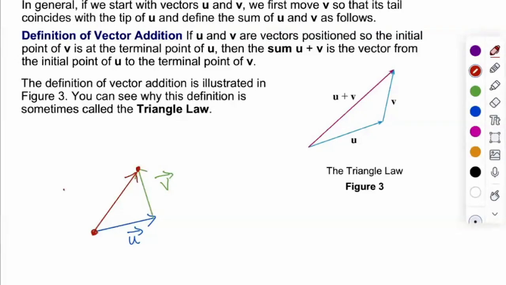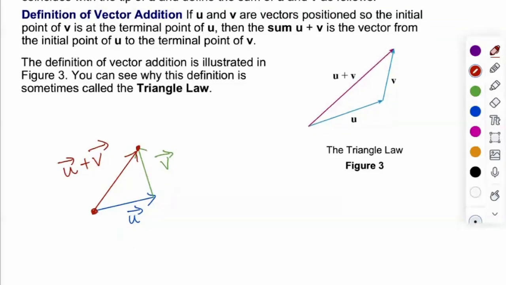So this is u plus v. Got it? This is the sum of the two vectors. Just think about going places: go from here to here and from here to here, the result is the sum, going from here to here. It's called the triangle law.